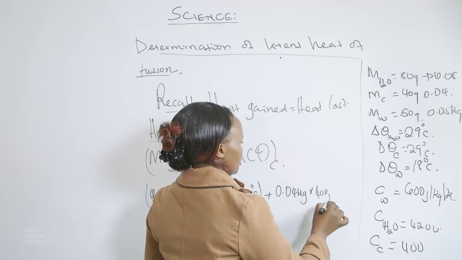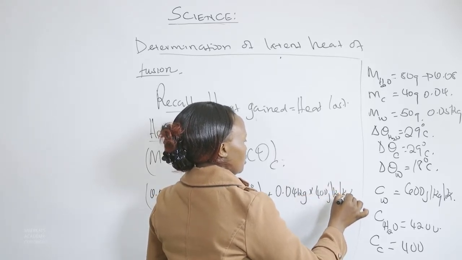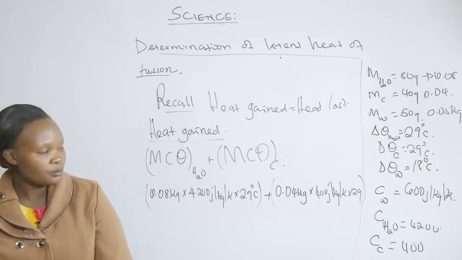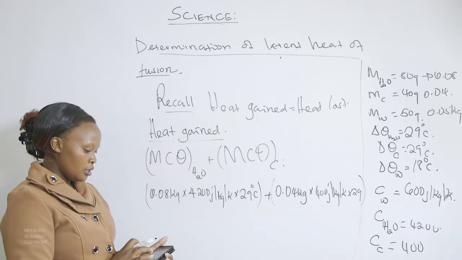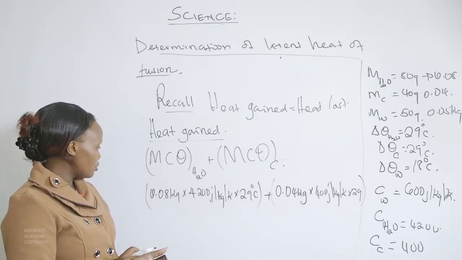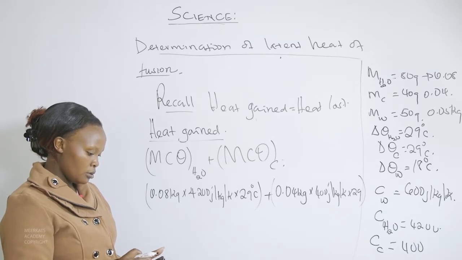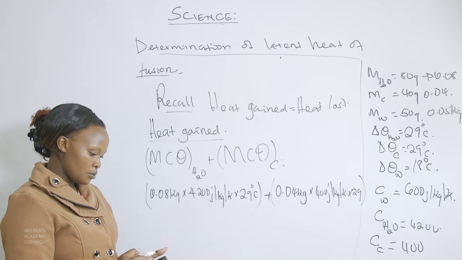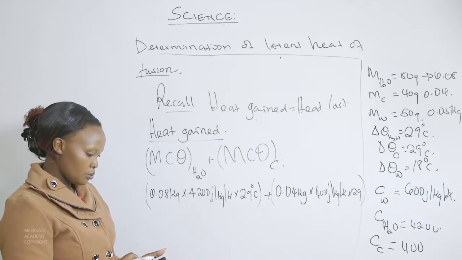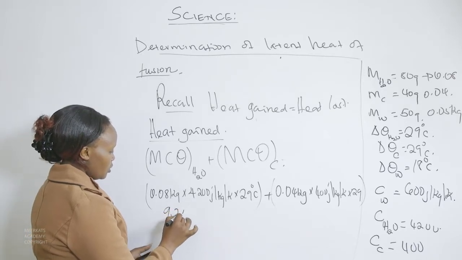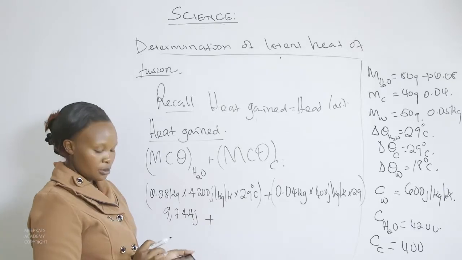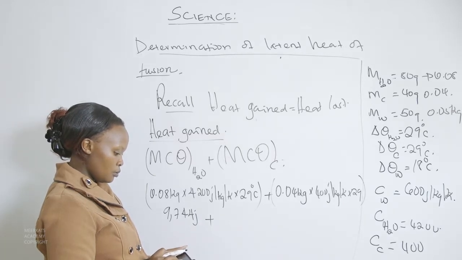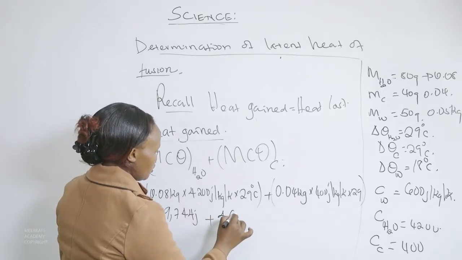We multiply with the specific heat capacity and also the change in temperature, whereby now we get 9,744 joules, and we add to 464.